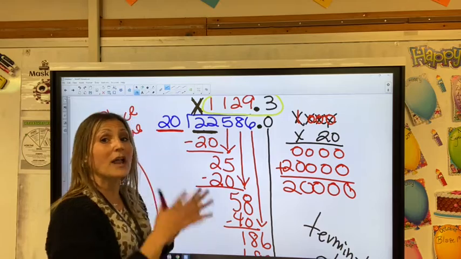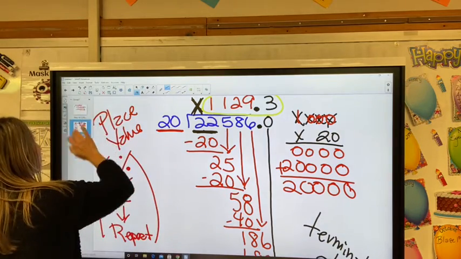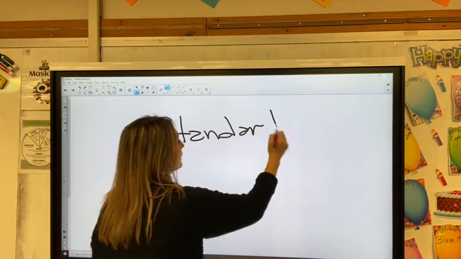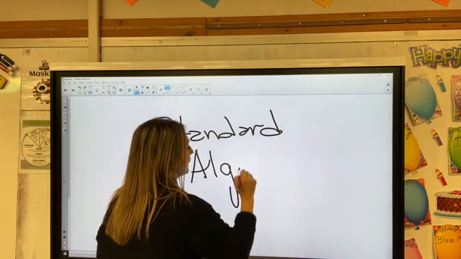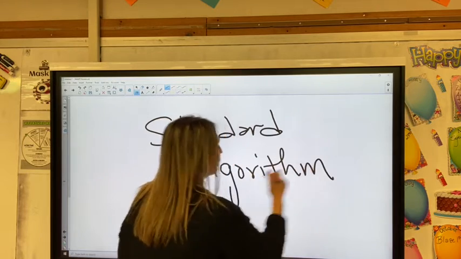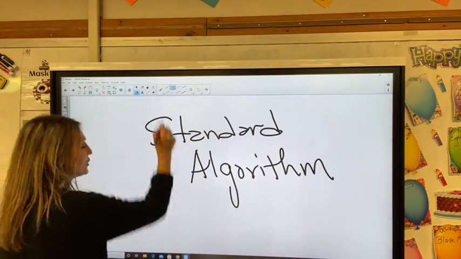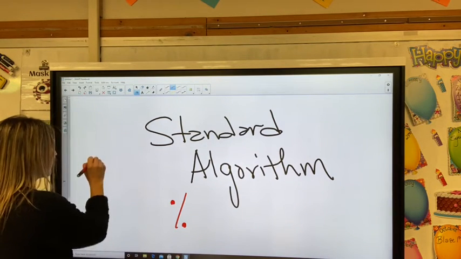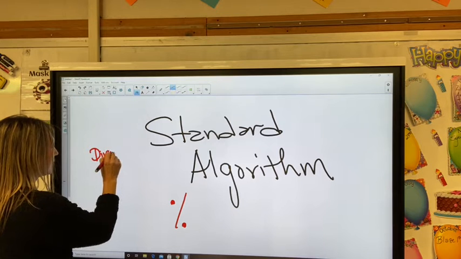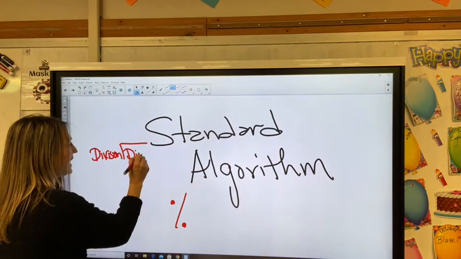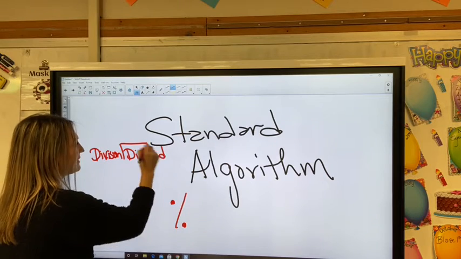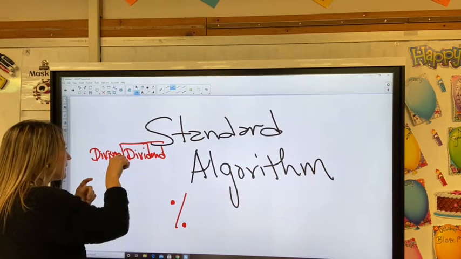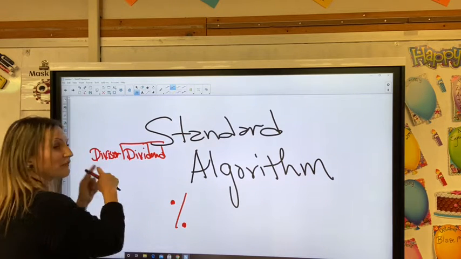This is what we call the standard algorithm in mathematics. Okay, 6th graders? This is called the standard algorithm in mathematics for long division. We have a divisor on the outside and a dividend on the inside, and we want to divide our divisor into that dividend.